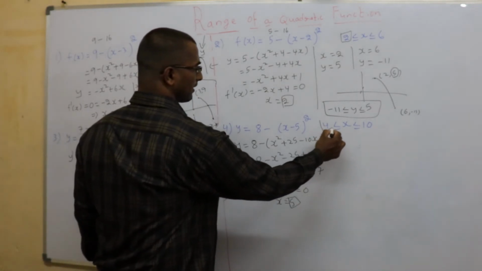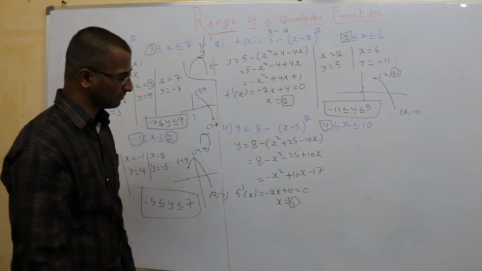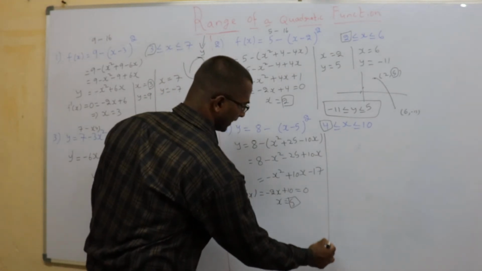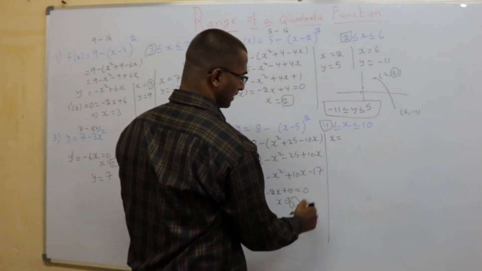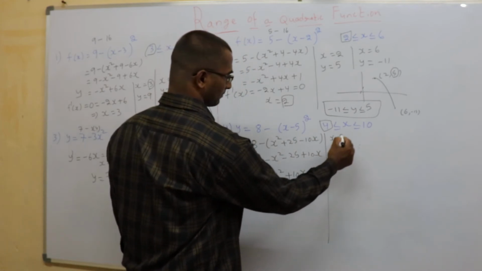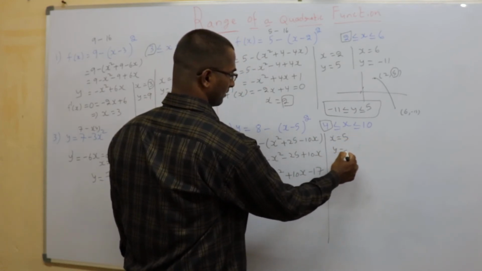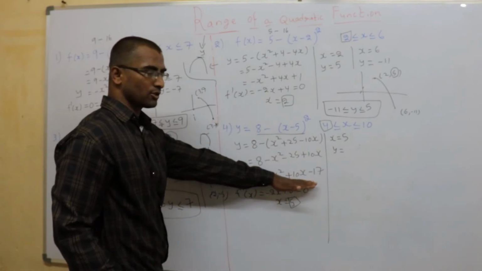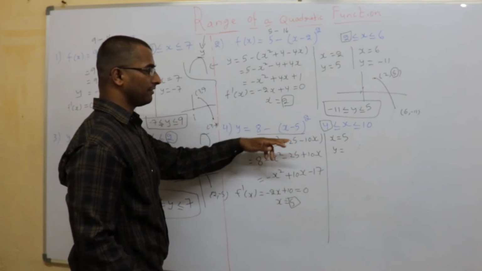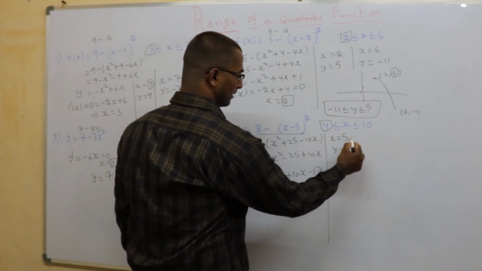This value and this value are not same. So find out for each. So now when x is 5, how much will I get for y? Let us write. Place in this. It's easier to place in this rather than this one. So directly 5 minus 5, 0, I get 8.